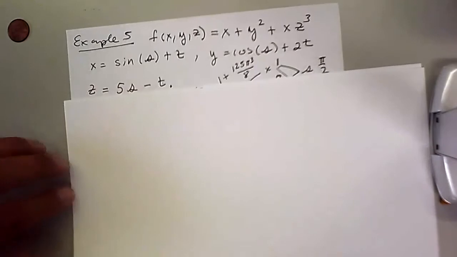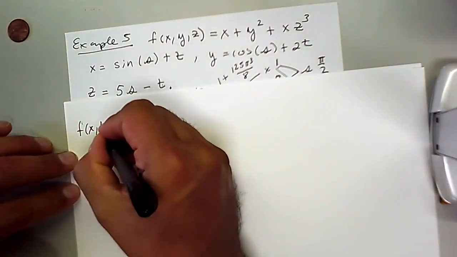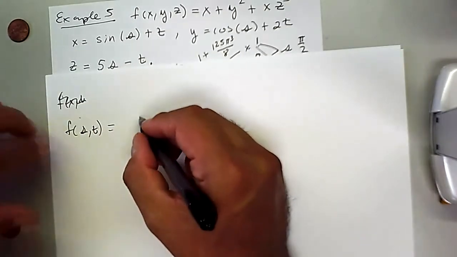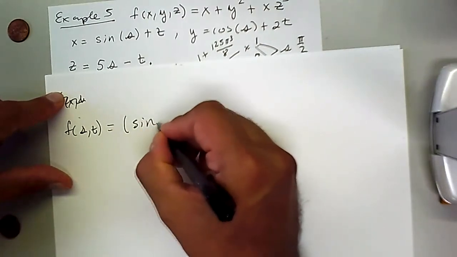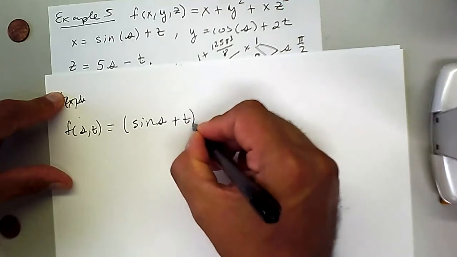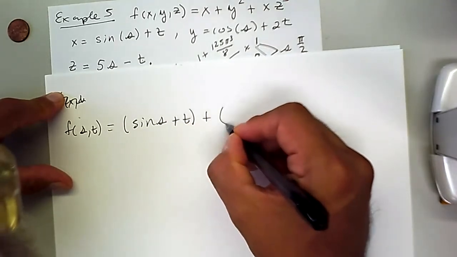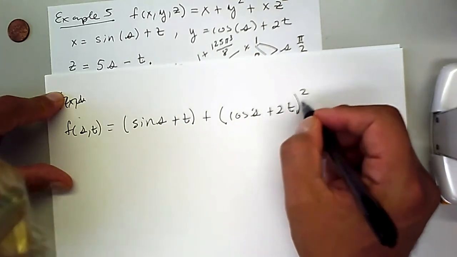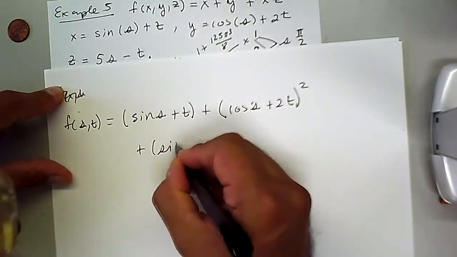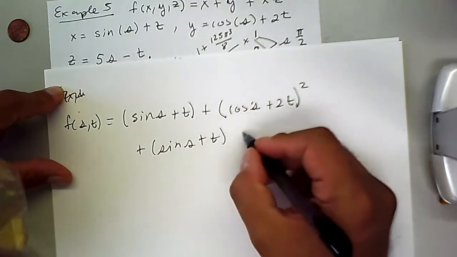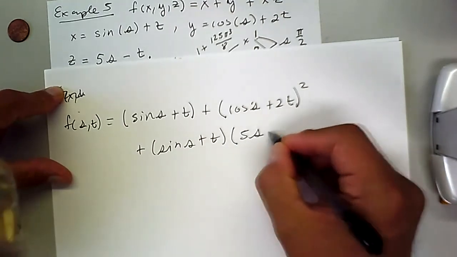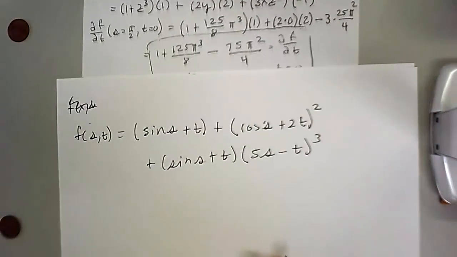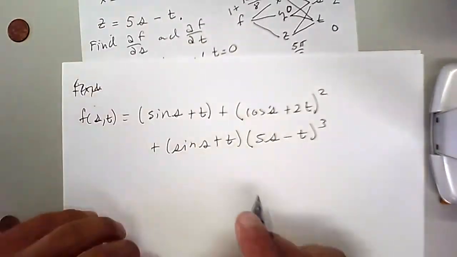So f as a function of s and t would be sine of s plus t, plus the quantity cosine of s plus 2t squared, plus sine of s plus t times the quantity 5s minus t cubed. We could have done this instead.